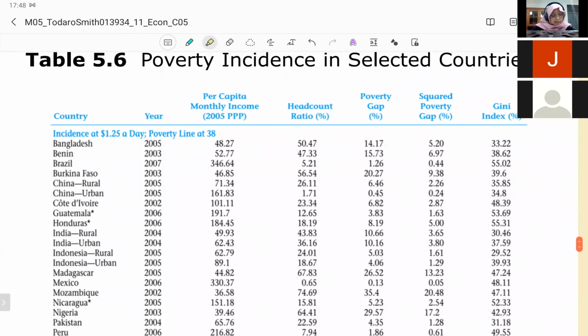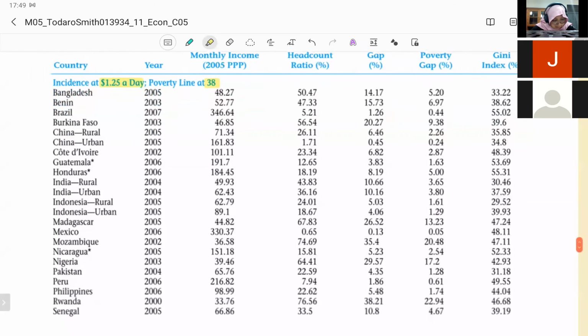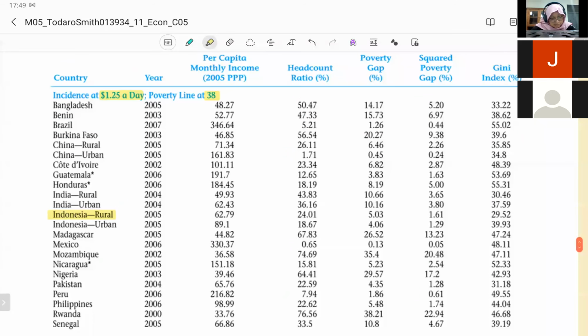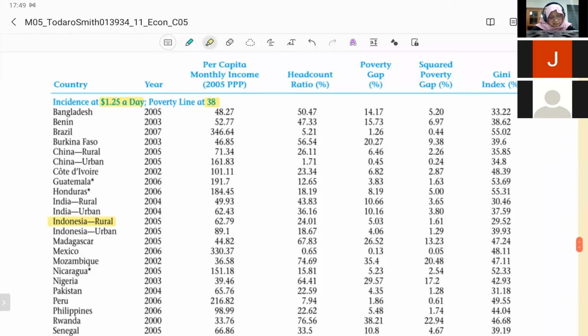So the poverty incidence at $1.25 a day, and then poverty line at 38. We can see, let's take a look at Indonesia. We have Indonesia rural and Indonesia urban. Let's take a look at the rural first. So in rural Indonesia, per capita monthly income based on 2005 PPP is about $62. And then the headcount ratio in rural is about 25%.